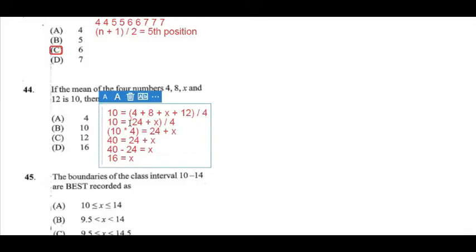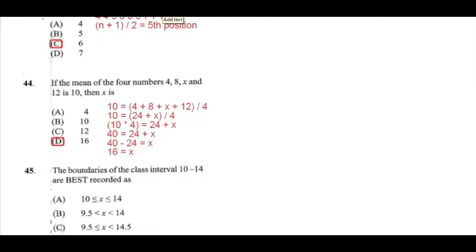So we're moving the 4 from dividing to the other side of the equation, so it becomes multiplication. So it is 10 multiplied by 4 to give us 40, equal to 24 plus x, and therefore x is equal to 40 minus 24, and x is equal to 16. So therefore the answer for 44 is D.